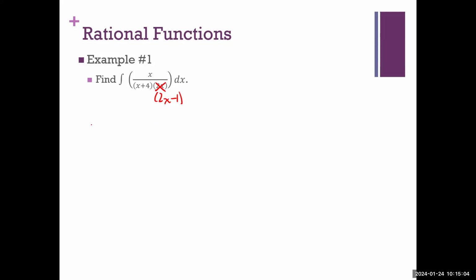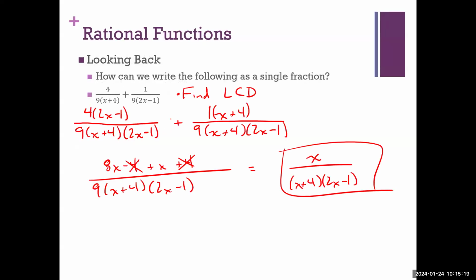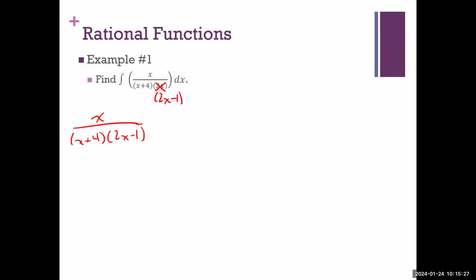So basically what I want to do is break this fraction down into smaller fractions. What kind of fractions might I have? The first thing we had to do here was find that least common denominator, right? So here, let's think about this.